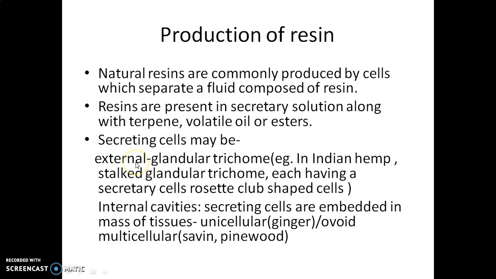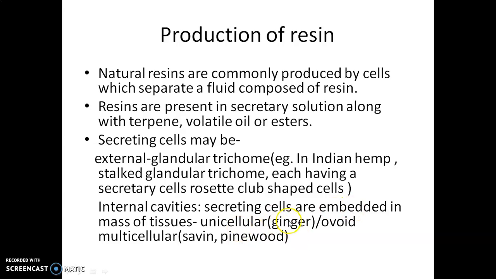External secretory cells, they are glandular trichome, present in Indian hemp or cannabis, which is actually a stalked glandular trichome, each having a secretory cell, rosette clasp shaped cells, and that may be the internal cavities. And these internal cavity secreting cells are embedded in the mass of tissues, and that kind of secretory internal cavities may be unicellular or idioblast.